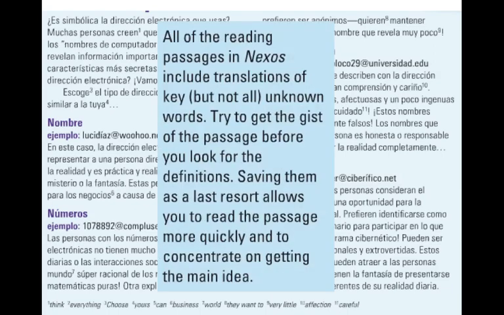I'm going to give you un momento para leer. Primero, all of the reading passages in Nexos include translations of key but not all unknown words, and you're going to see that on the bottom of your page if you're in your book or on the bottom of the screen. Try to get the gist of the passage before you look for the definitions. Save them as a last resort, allowing you to read the passage more quickly. Concentrate on getting the main idea. Don't get caught up on words you don't know. Get the main idea first.